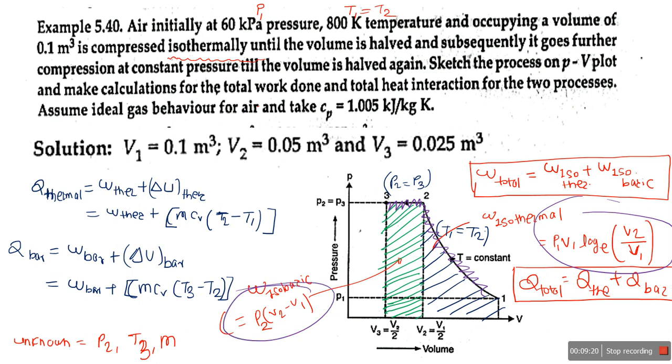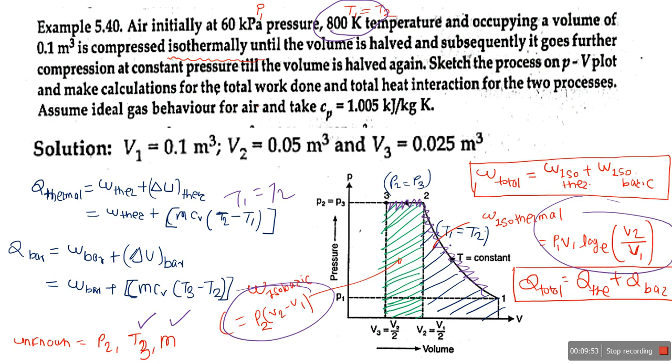For calculating total heat, for isothermal, the change in internal energy is 0. Here T1 is equal to T2, and for isobaric it is mCv (T3 minus T2). So unknown is T3, and the mass is also not given. What about T2? T1 is equal to T2 and they have given temperature T1 in the numerical, because in the isothermal process T1 is equal to T2.